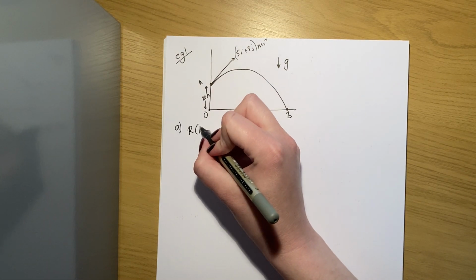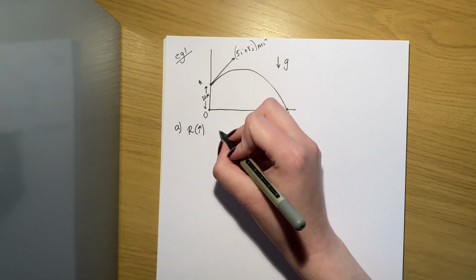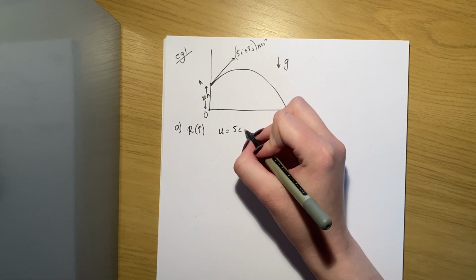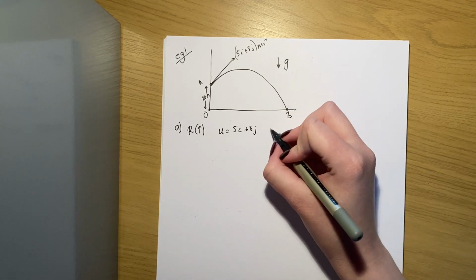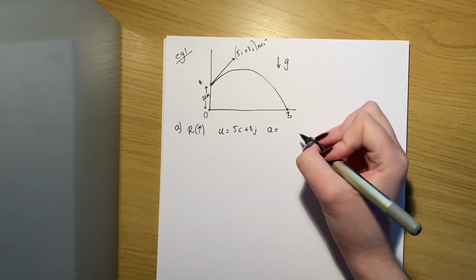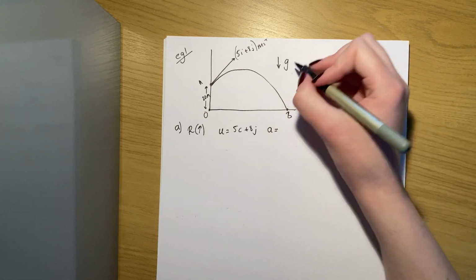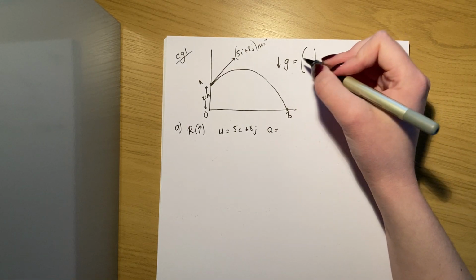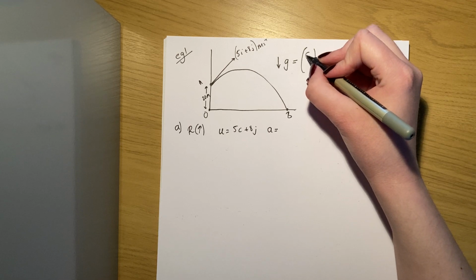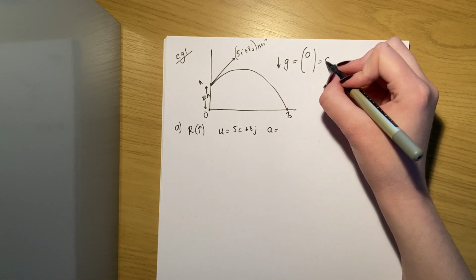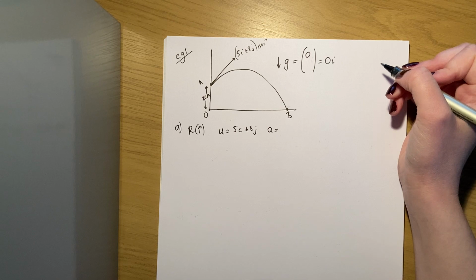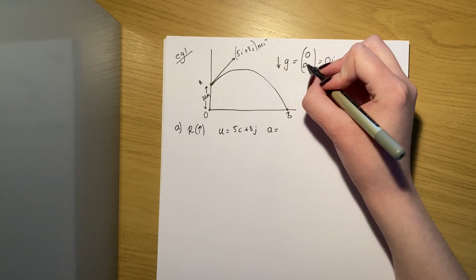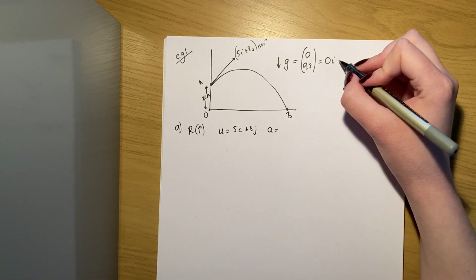So I'm going to resolve vertically. My initial velocity is 5i plus 8j. My acceleration, well, I know that it's g. As a vector, g is only acting vertically, so there's no horizontal movement, and it's moving vertically at 9.8.